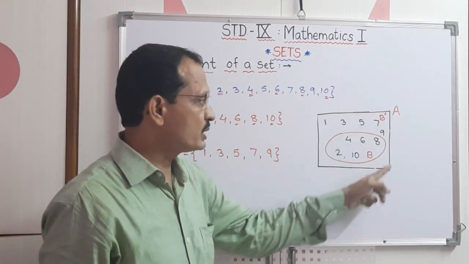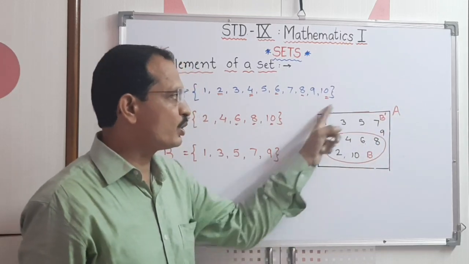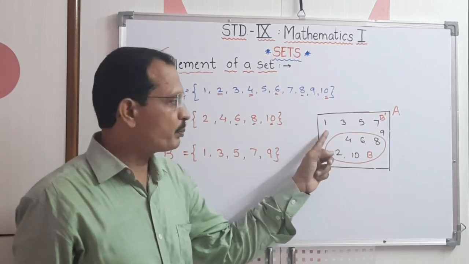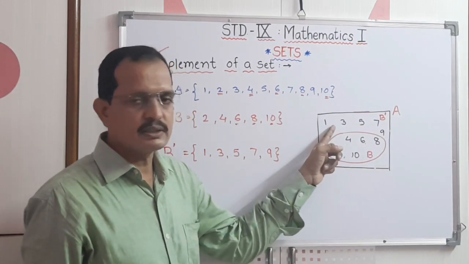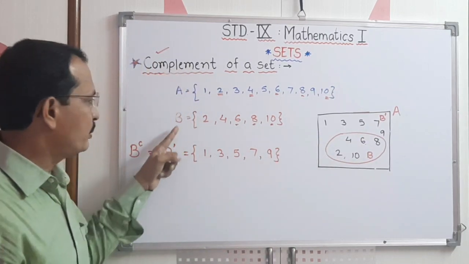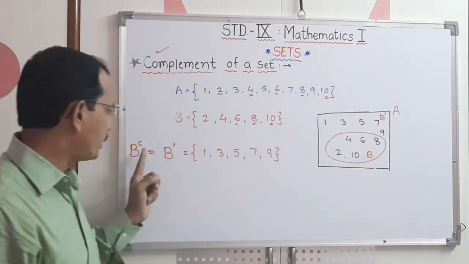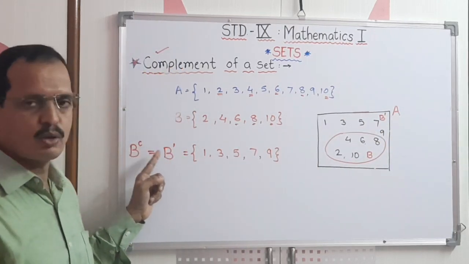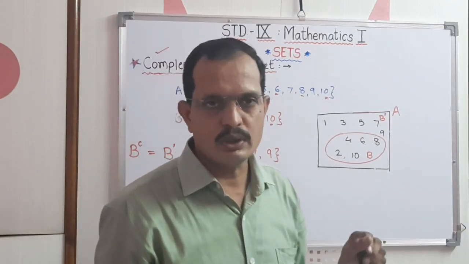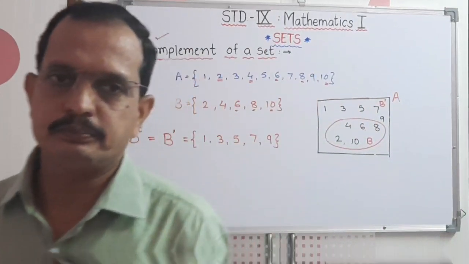This is universal set A, and in that A, B is a subset of this A, and the set of elements which are not present in set B but present in set A is called the complement of set B. Therefore we write here B dash, we can represent it as B C or B dash. Now dear student, you understand what is the complement of a set.